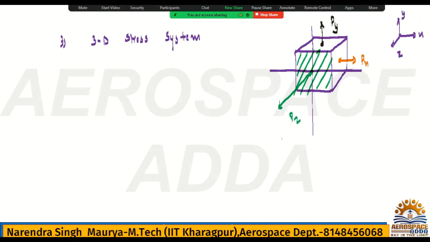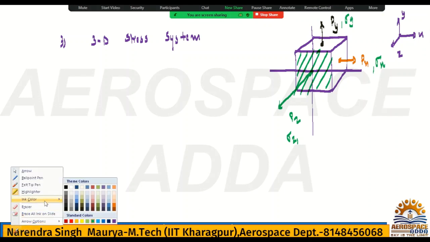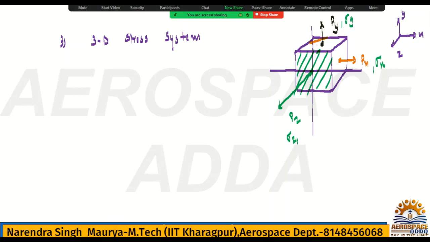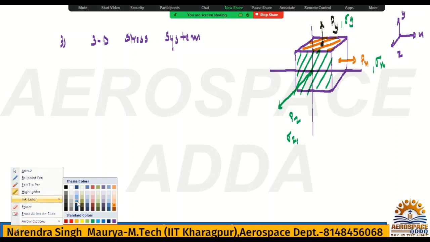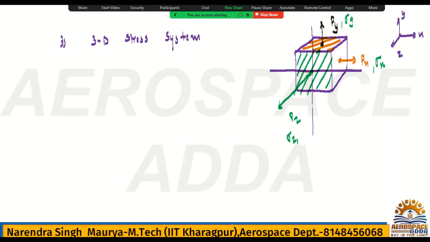So definitely stress will be sigma z, sigma x, and sigma y. Just like here I have drawn pz, similarly you can draw the y face where the load py is acting, and this is the face for the x-axis. Now hope this one is clear.